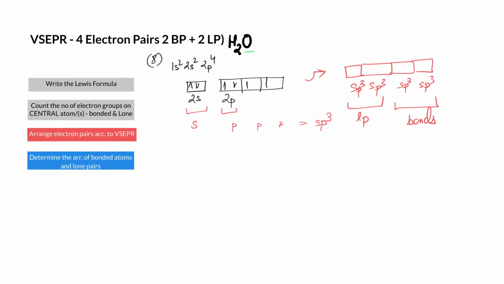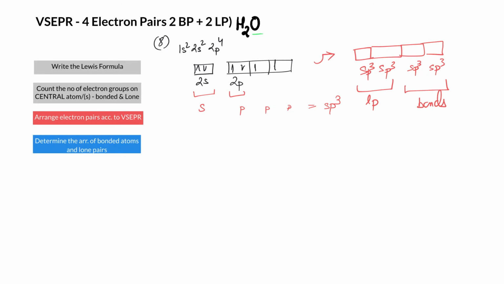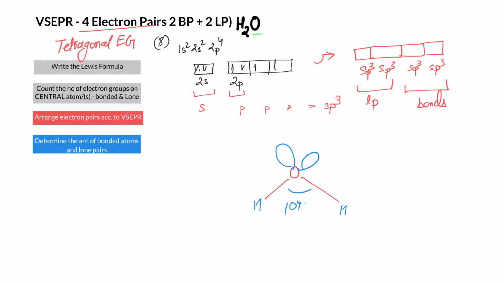Now I hope you remember the VSEPR discussion of the water molecule, and if you do, you would remember that the angle in water would not be 109 degrees. Remember, since there are 4 electron pairs, this is going to be a tetrahedral electronic geometry, but because we have 2 lone pairs, this comes out to be 104 point something because of the lone pair of electrons, right.